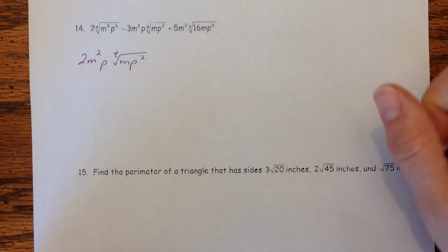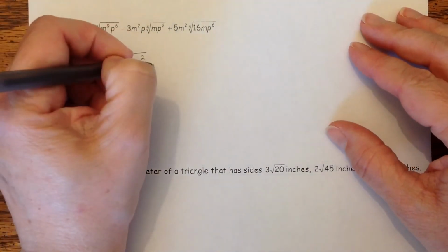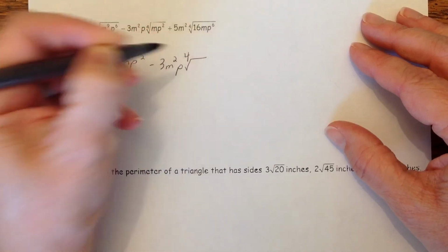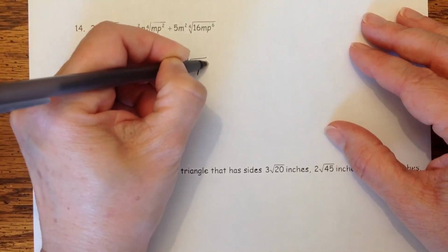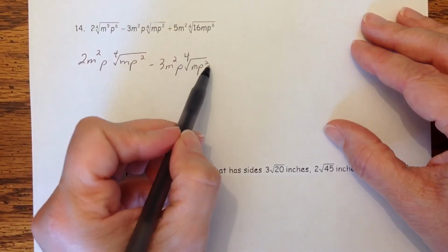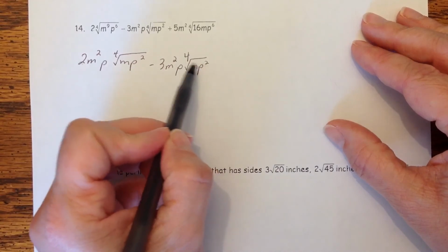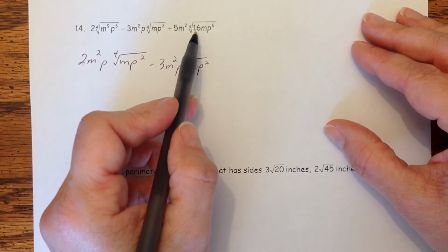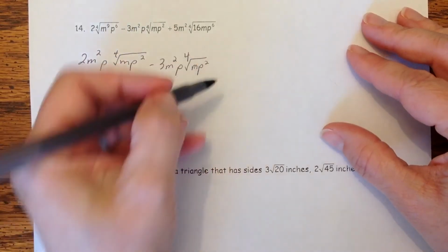The middle one actually doesn't need any simplifying. 3m squared p, 4th root of m p squared. The reason why there's no simplifying work is because all these powers are smaller than 4. This one, 4th root of 16 is 2. 2 times 5 is 10.